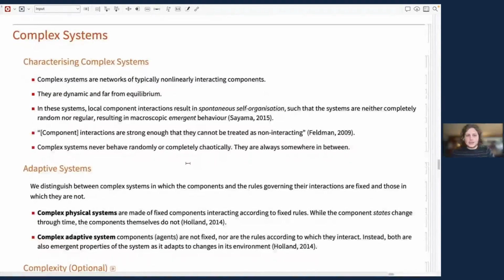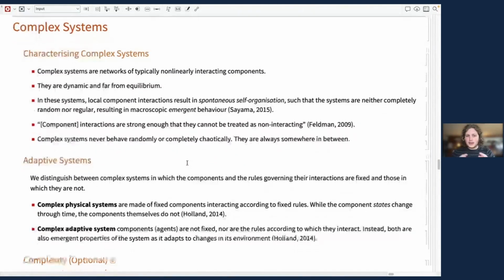So complex systems are networks of typically non-linearly interacting components. They're dynamic, and they're typically far from equilibrium. And as we've said, the local component interactions result in spontaneous self-organization, such that the systems are never completely random or completely regular, and this results in macroscopic emergent behavior.